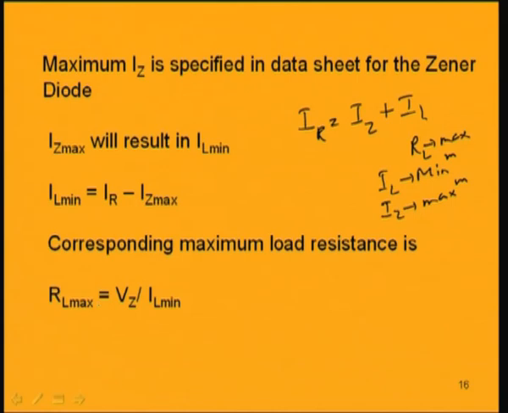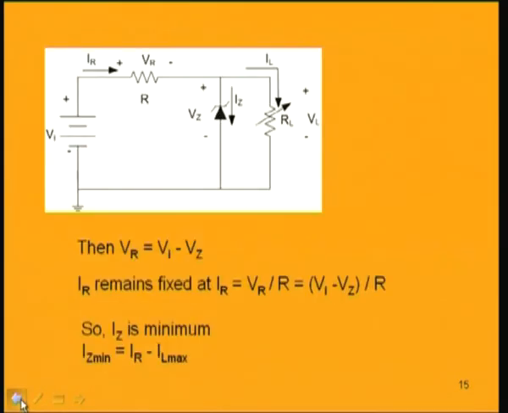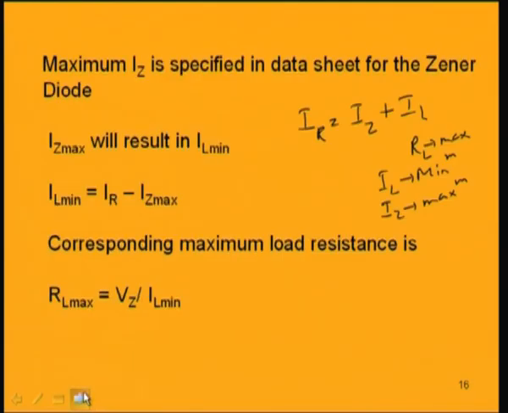Now, corresponding to this minimum load current, we have the RL max, that is equal to Vz by IL minimum. Because if you look into this circuit, VL by RL minimum is IL maximum, as well as VL by RL maximum will give you IL minimum. So, IL minimum will give you IZ maximum.